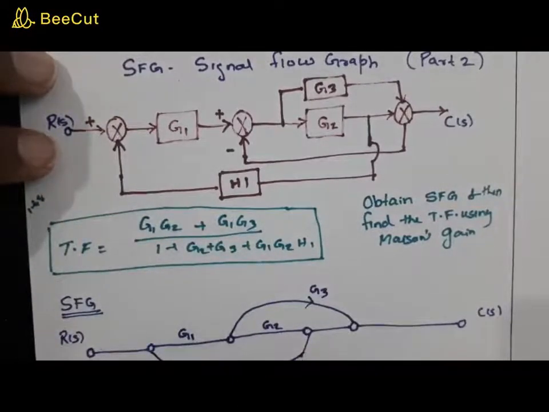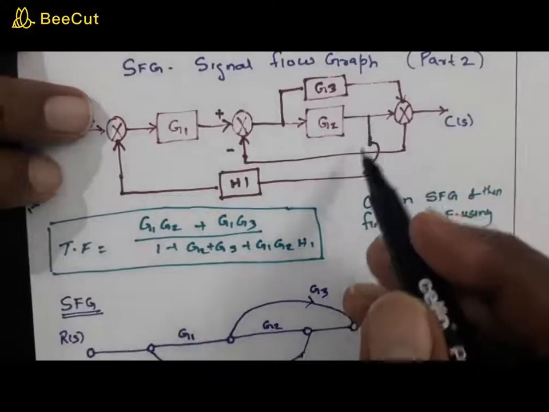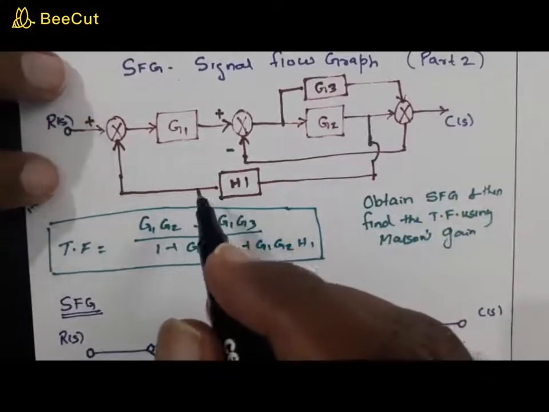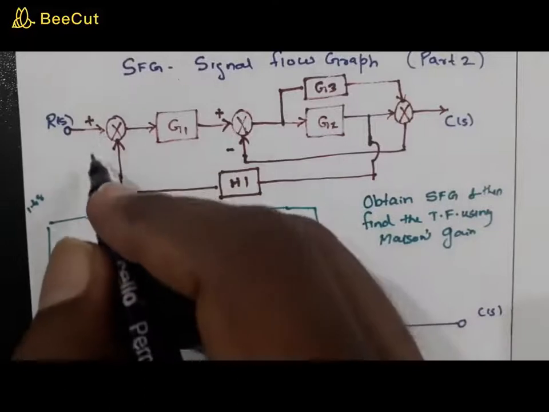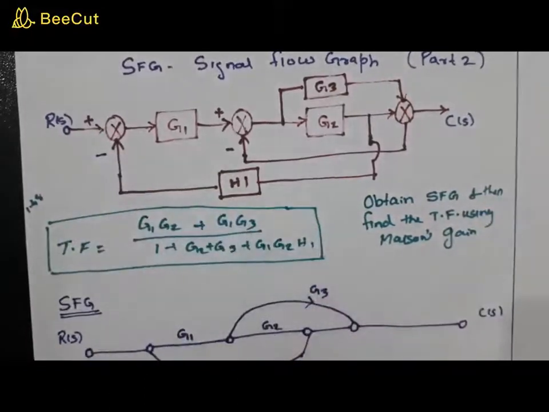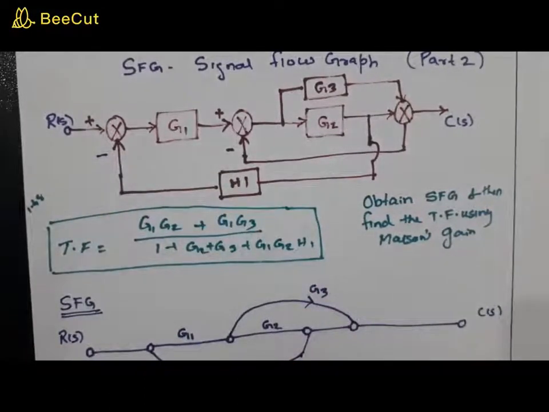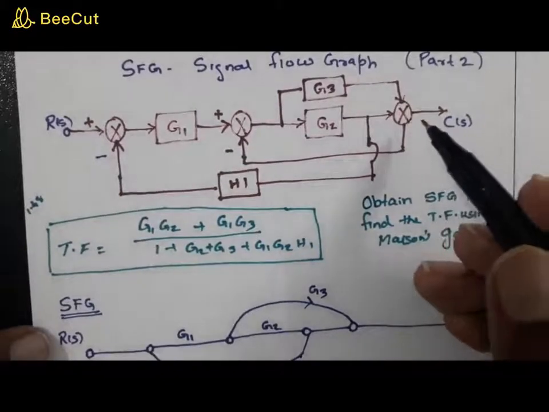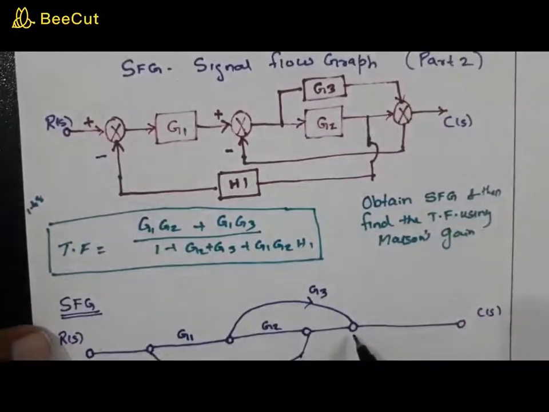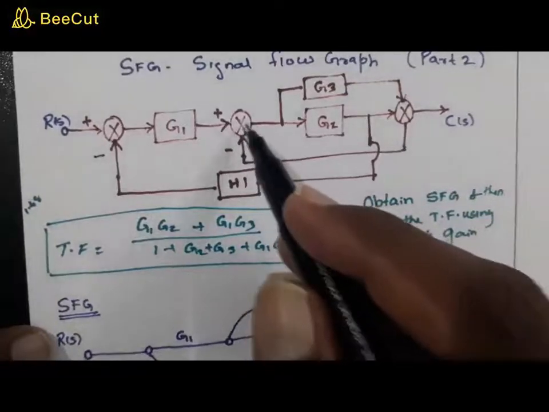But what about the sign? The sign is minus, so you can represent that as minus h1. Then one more loop is there that comes from this and reaches this summing point before G2.